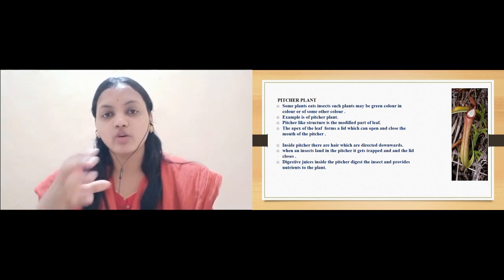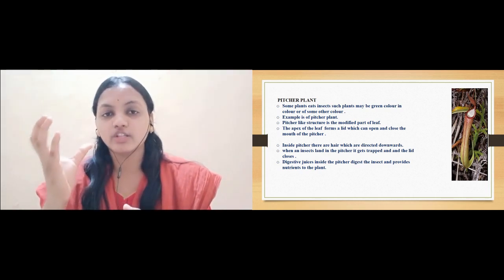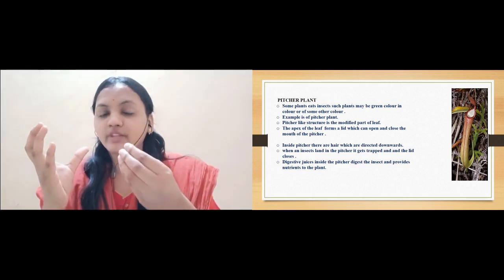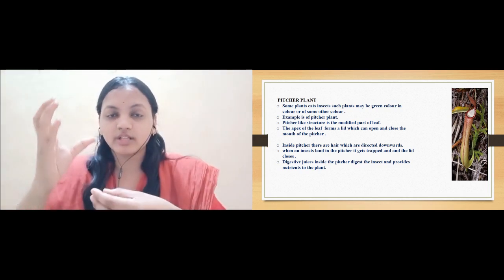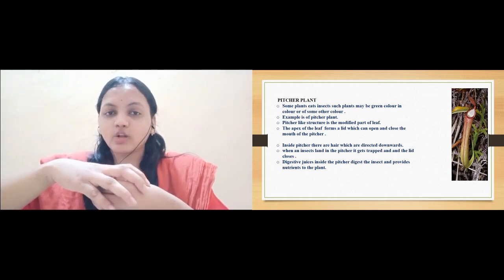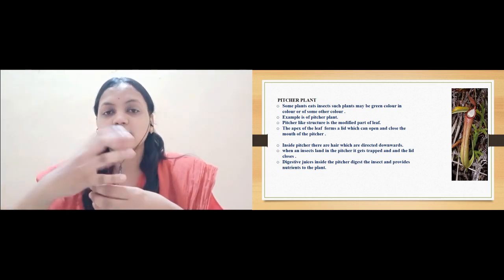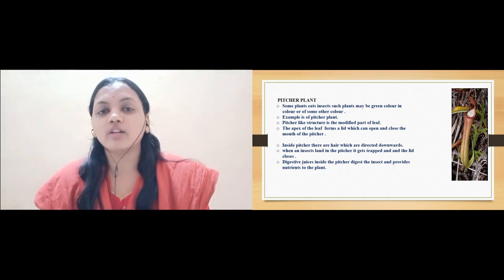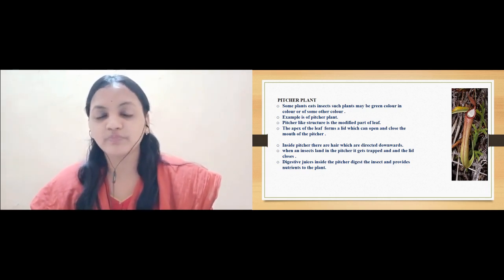This pitcher plant also has a lid on the top. Whenever an insect comes near or inside the pitcher, this lid is closed, and in this way the insect gets trapped in the cup-like structure which we call the pitcher, and the digestion process goes ahead.